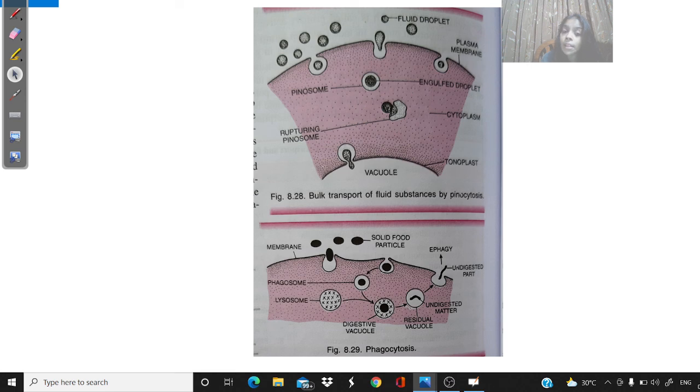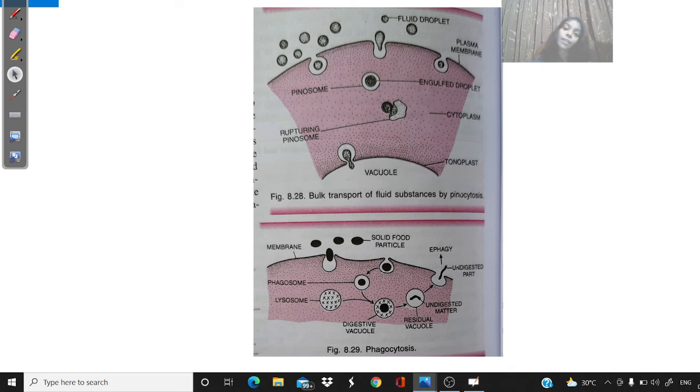Cell membrane will rupture a little bit, and the vesicle ruptures and the fluid comes out. So this is called pinocytosis, or cell drinking.